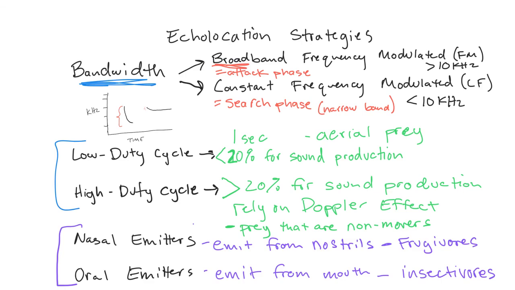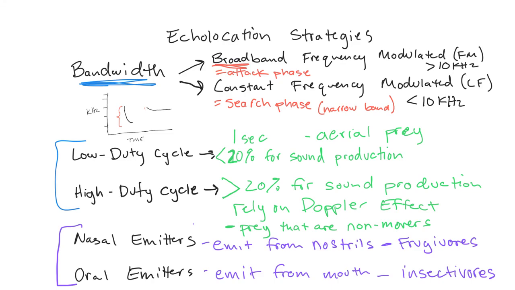And the angle of their skulls are different because the position of the mouth or the nose is going to be angled towards the prey. So if you're producing the sound, as you're flying, your mouth is going to be right in front where that prey would be. But if you emit it out of your nose, then it's going to be turned down a little bit, so it's going to come out of your nose instead.